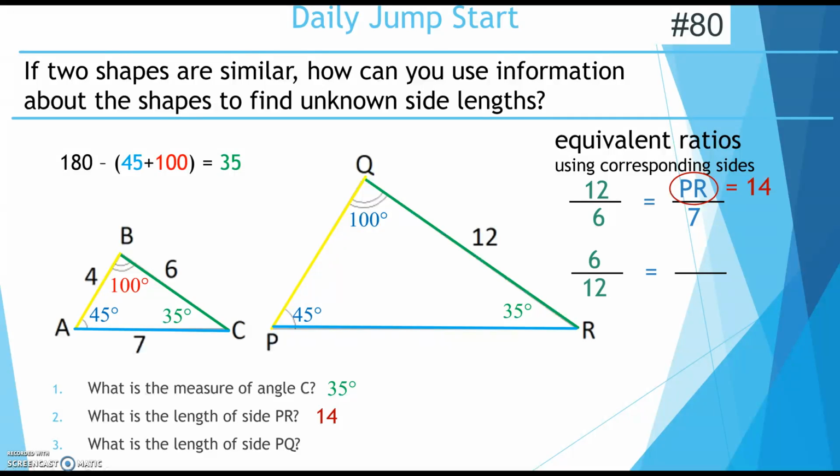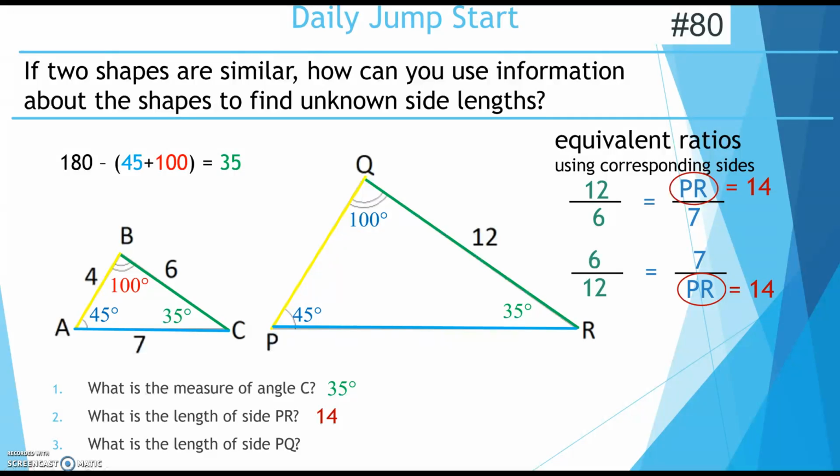So in this case, if I started with the smaller triangle, length BC, this green one, had a length of 6, and its corresponding side a length of 12 from the larger triangle, I would set up my second ratio, starting again with the smaller triangle, that length of 7 over the missing side length, or the one we're trying to figure out, PR, in the denominator. And you'll notice here now that the numerator is half of the denominator. So 7 is half of 14. You'll see here that I get the same answer.